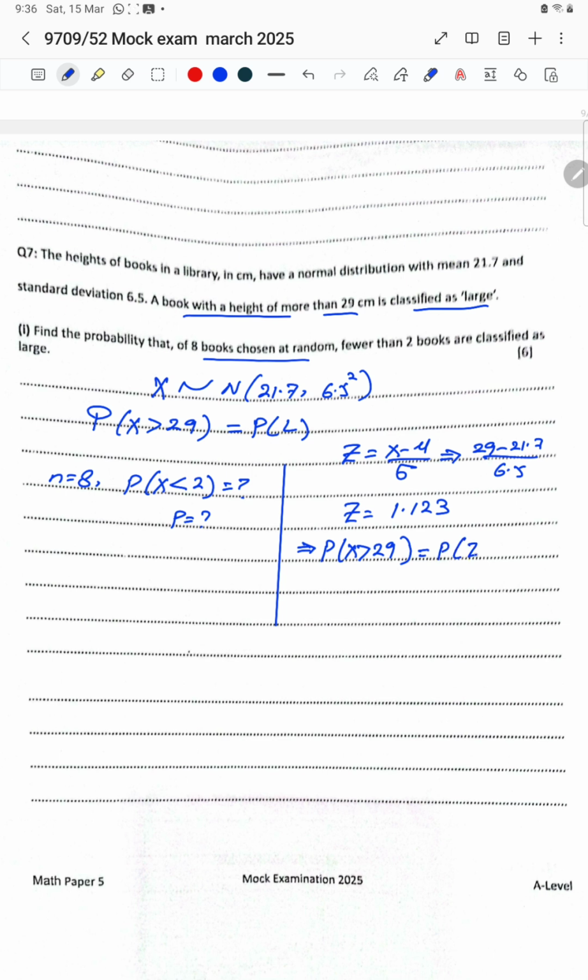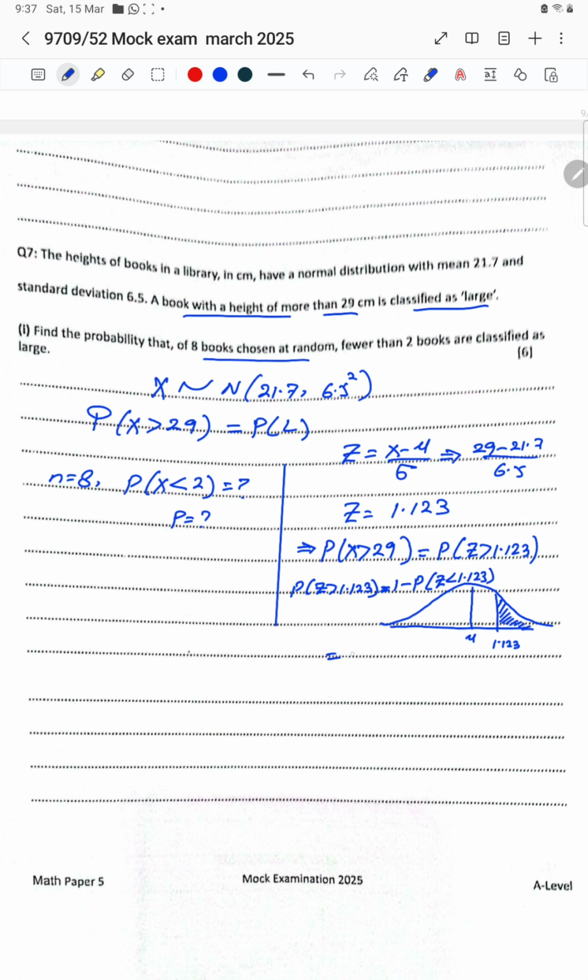The probability of z greater than 1.123, and if you draw the shape, it's a bell-shaped symmetrical distribution. We are here at 1.123, and we need to get the greater value. So this comes to be probability of z greater than 1.123, which means 1 minus probability of z less than 1.123.